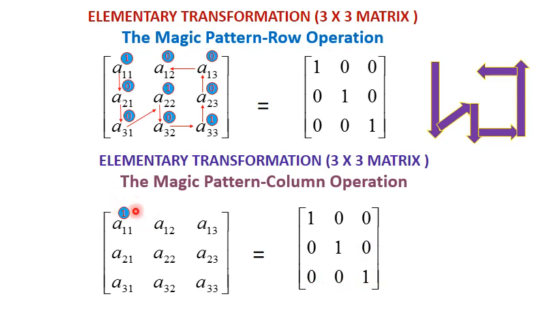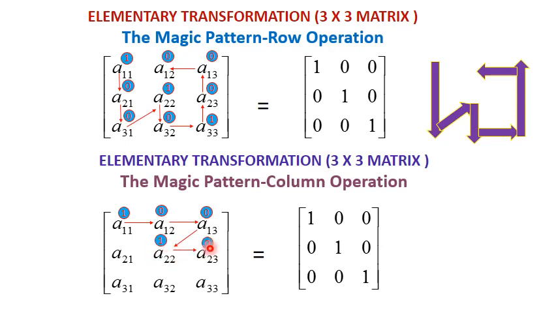As before, we start with the first element A11, then you have to move right and you will come to A12, then move on to A13 and change that element to 0. Then as before, come back to A22 and make that element 1.